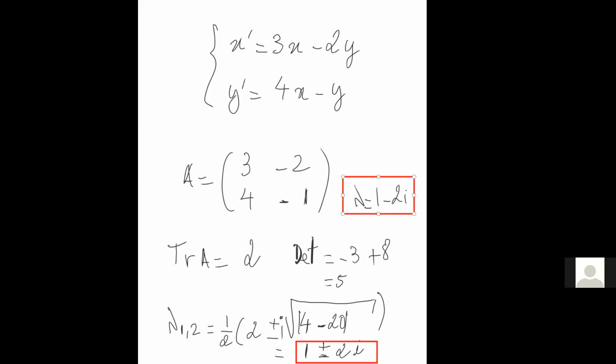Okay, so now I'm going to compute one of the eigenvectors associated with this eigenvalue. So I have to rewrite A. So A equals 3, minus 2, 4, minus 1.